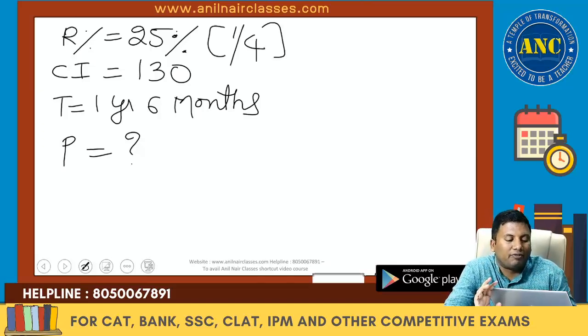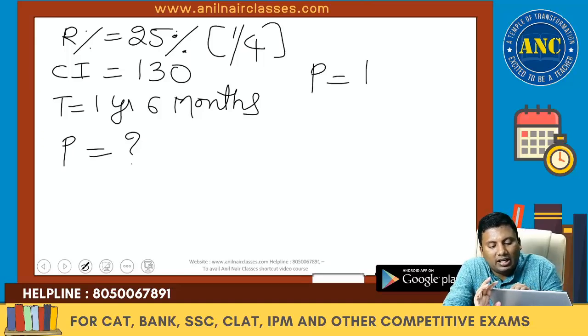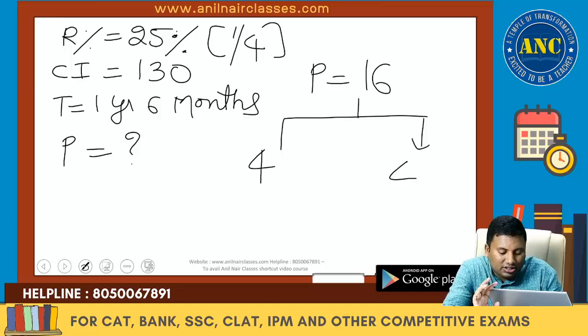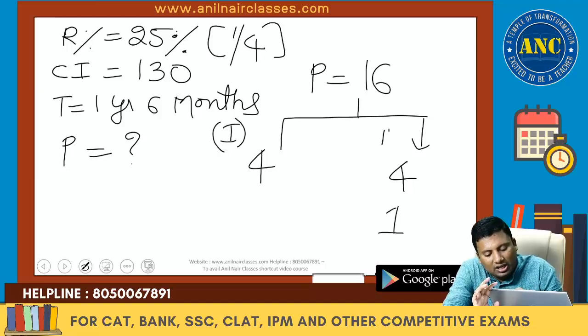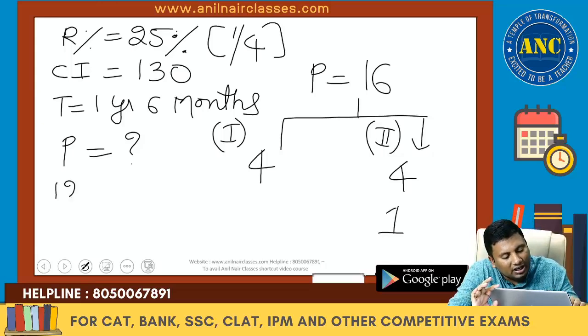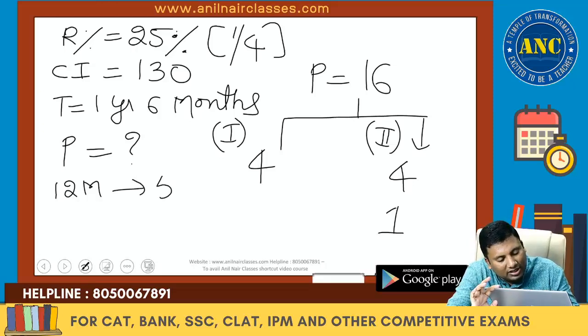First do it for 4 years. P is denominator power 4, 16. First year it is 1/4 of 16, which is 4. This is for the first year. For the second year, 1/4 of 4 is 1. Second year it is nothing but 12 months, and the total value is 5.